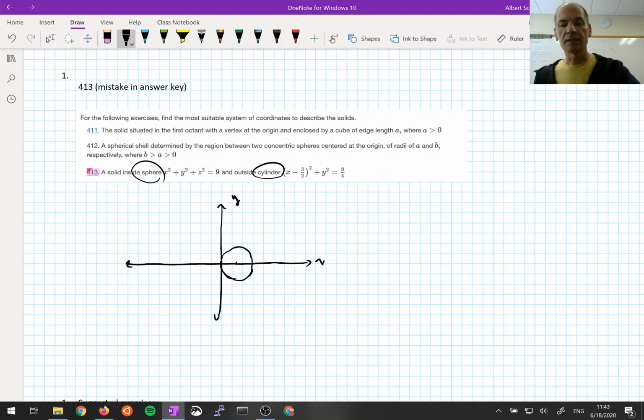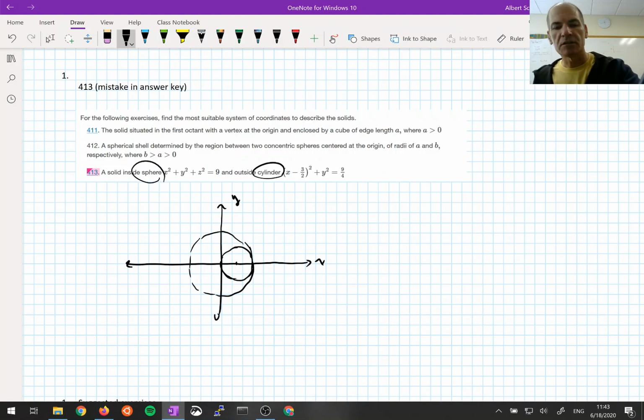So that's the cylinder. And then you can imagine we've got this sphere of radius 3, so that's going to come in here like this. And again, the sphere is coming up out of the xy plane and dropping down below the xy plane, and it's being intersected by this cylinder.